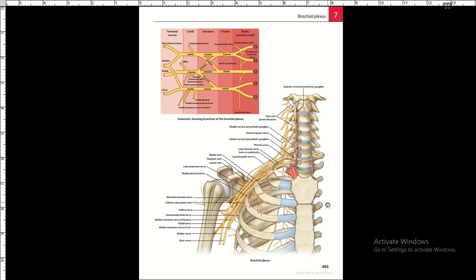Right, guys, so today we're gonna look at the brachial plexus.